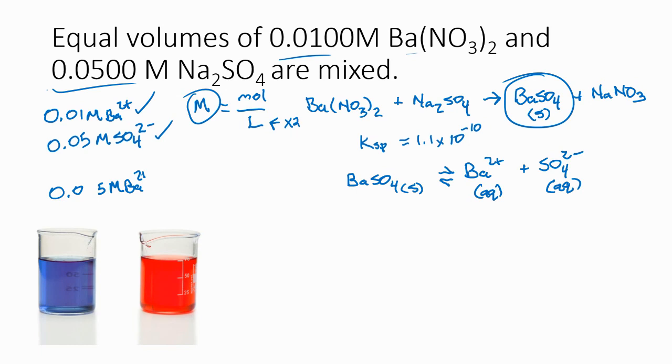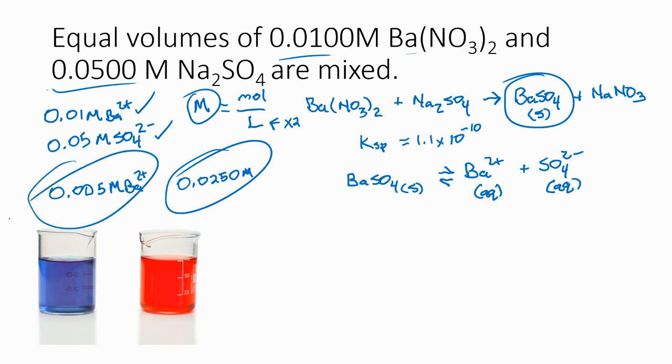I lost a 0 there for some reason, so let me draw it in. That's half of what it was. For sulfate, same thing. It's now half of what it was. For these predicting precipitation problems, it's always going to be like that because we're always going to mix equal volumes. And so our volume is always going to double and our concentration is always going to be cut in half.